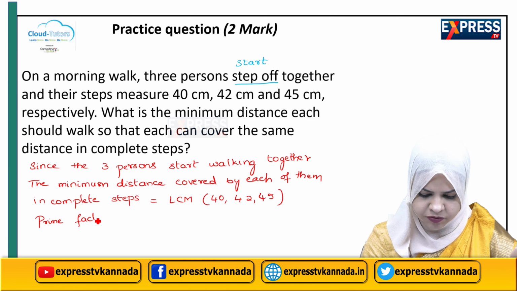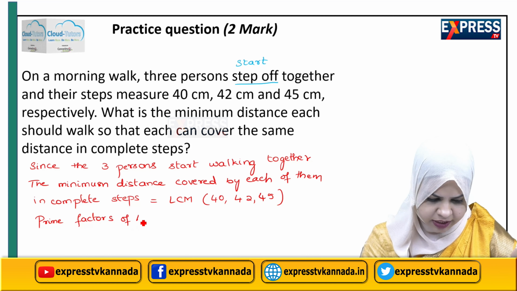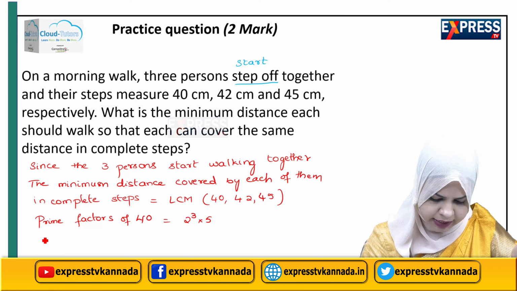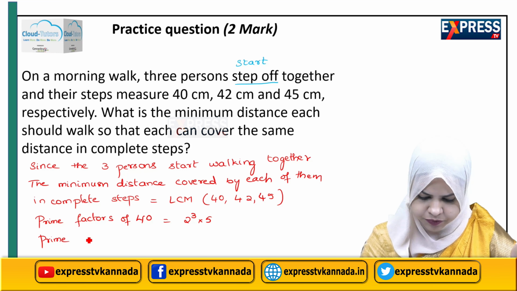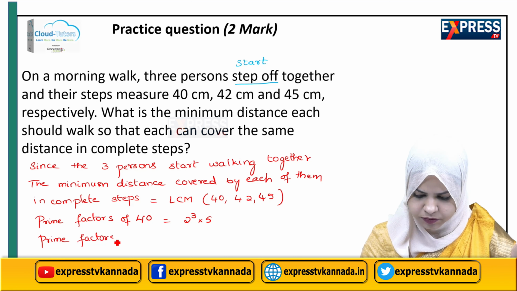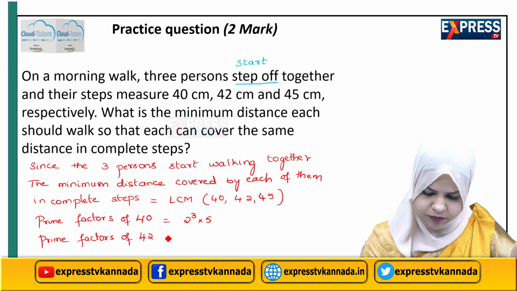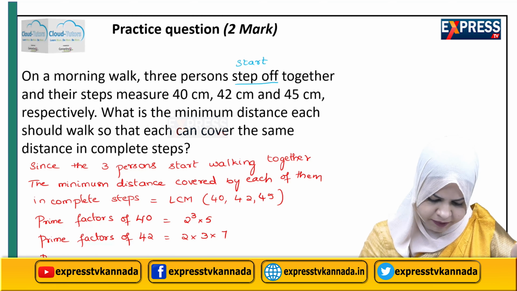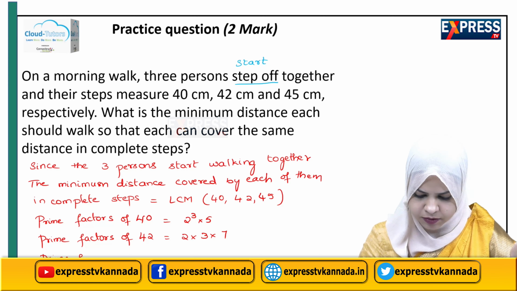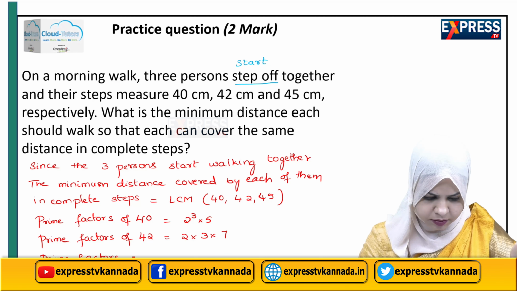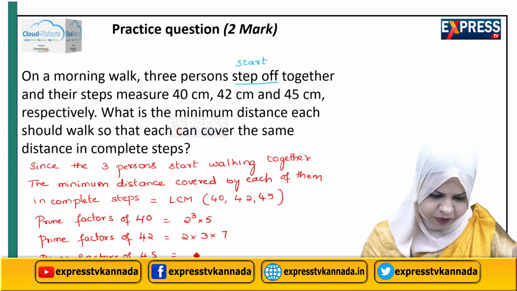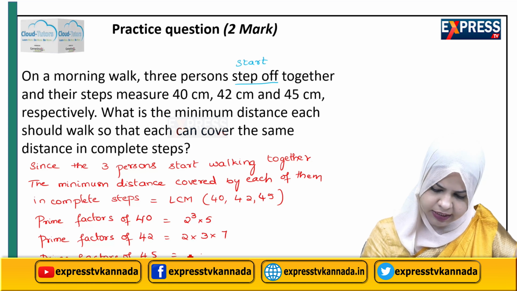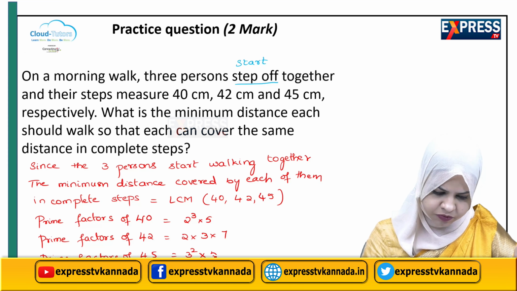Prime factors of 40 is 2 cube into 5, and prime factors of 42 is 2 into 3 into 7, and prime factors of 45 is 3 square into 5.